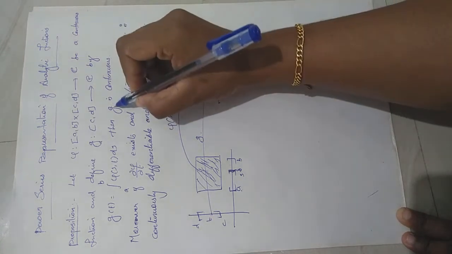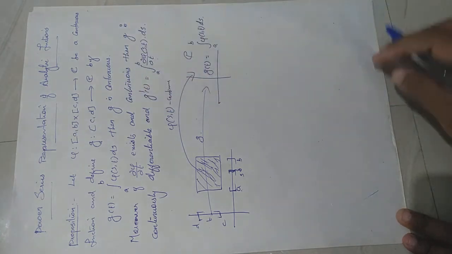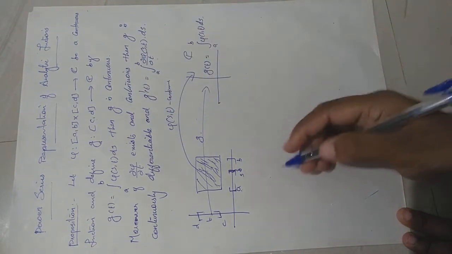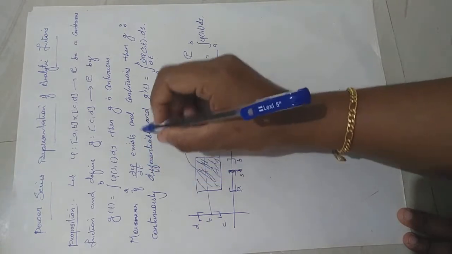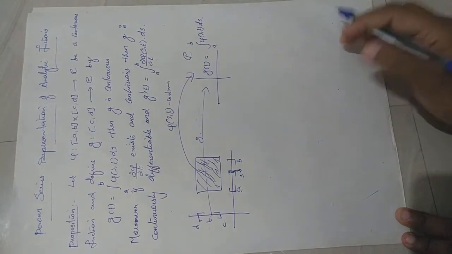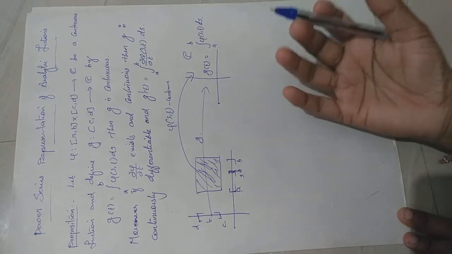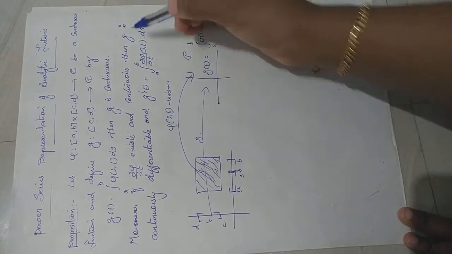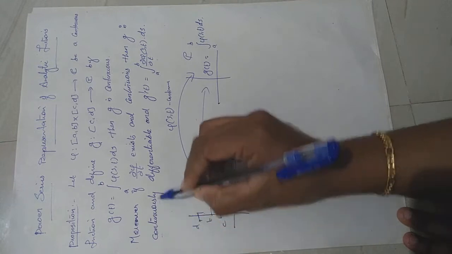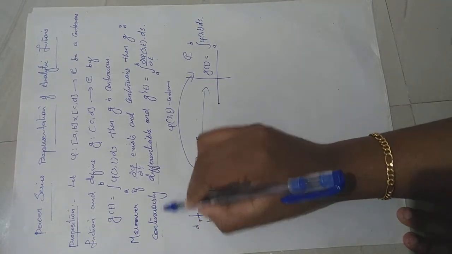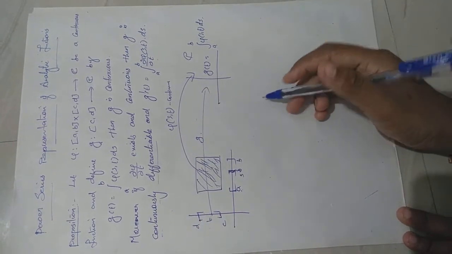Now we want to prove that this g is continuous. Moreover, if the partial derivative of psi with respect to t exists and is continuous, we want to prove that g is continuously differentiable, which means its derivative exists and its derivative is continuous.